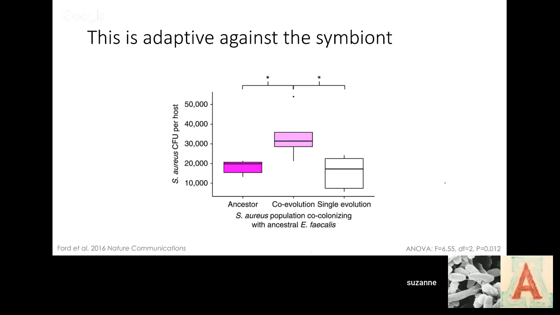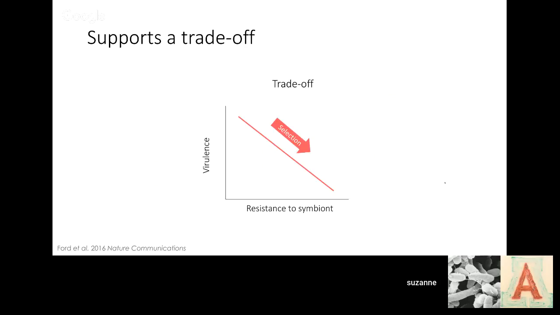You can see here that the fitness of the pathogen is significantly higher in the coevolved populations than both the ancestral and the single evolution controls. So this is really interesting. Despite the cost in growth rate, it does seem adaptive. This suggests my trade-off model, where selection for resistance to a symbiont traded off against its virulence.